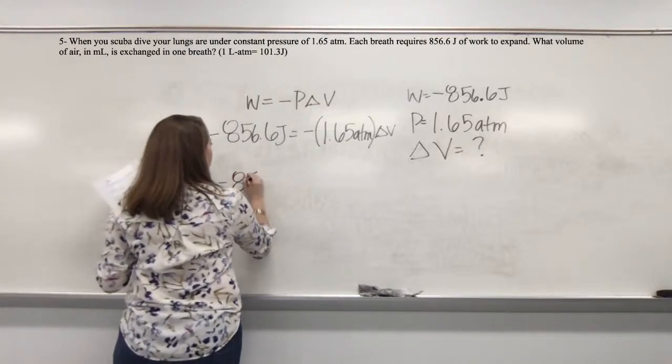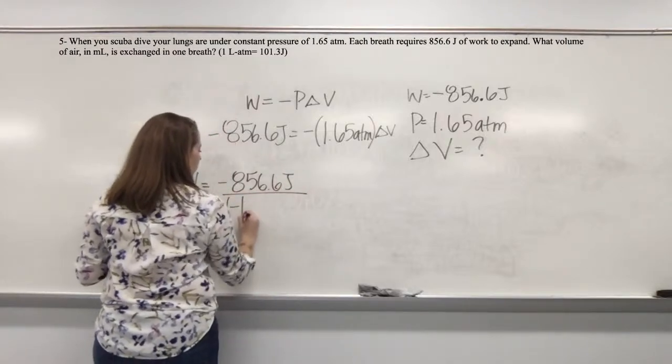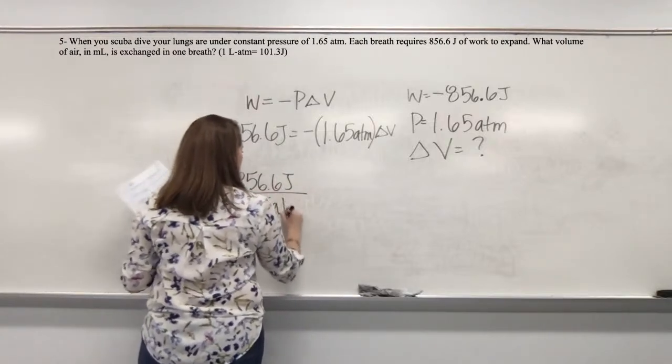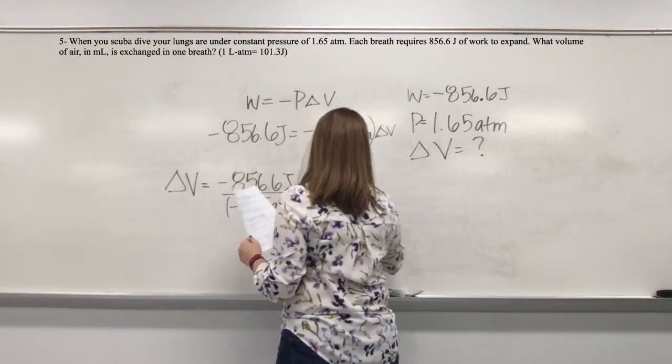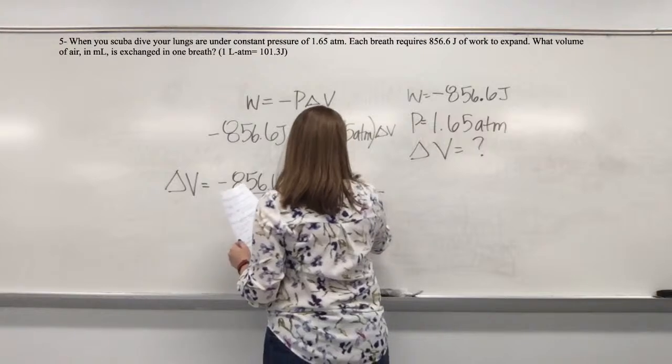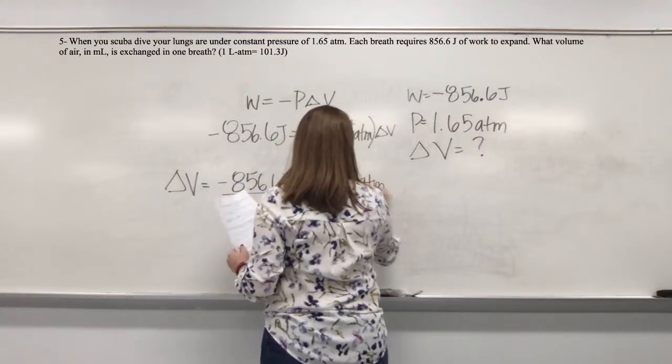Negative 856.6 joules divided by negative 1.65 atmospheres, and 101.3 joules is equal to 1 liter times atmosphere.